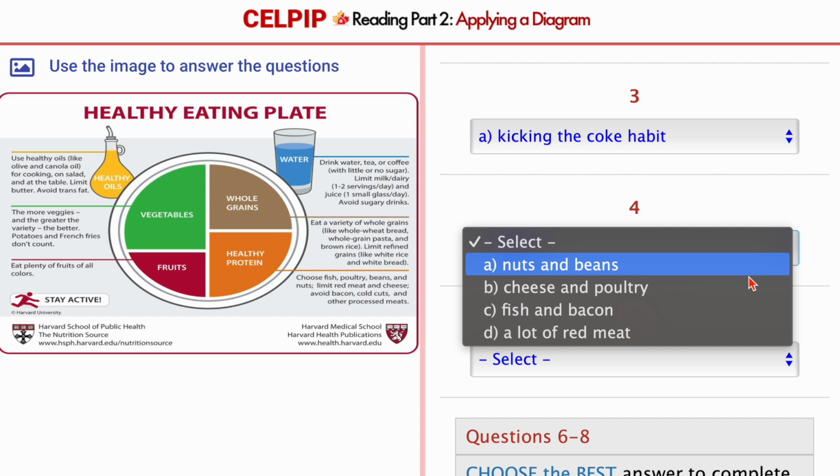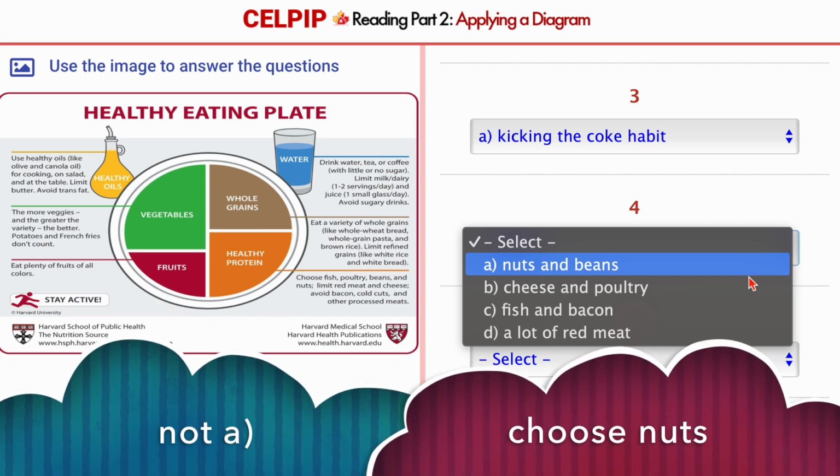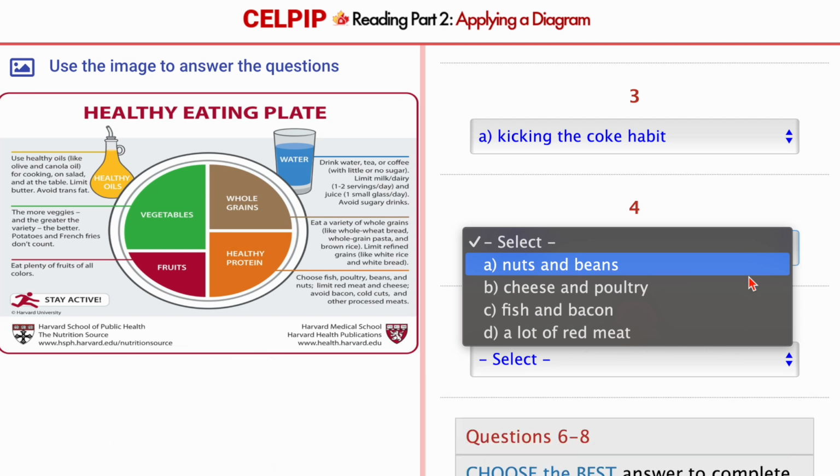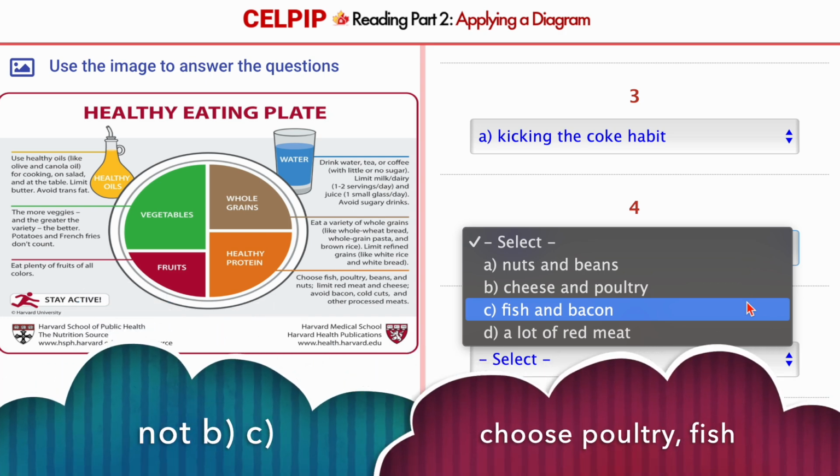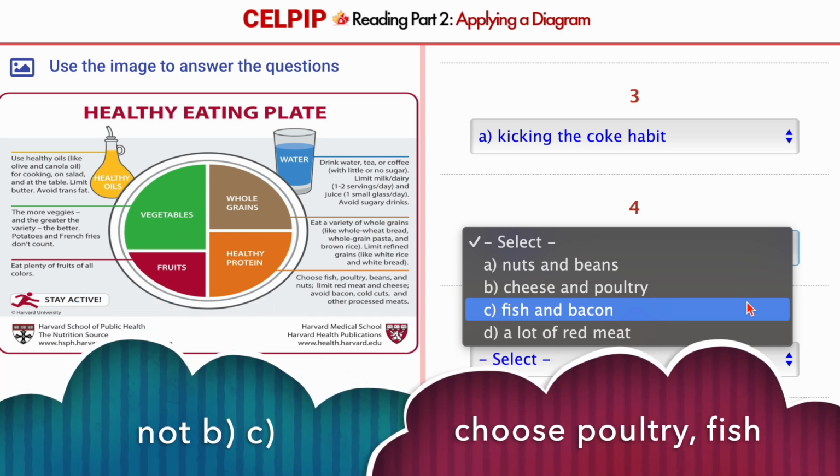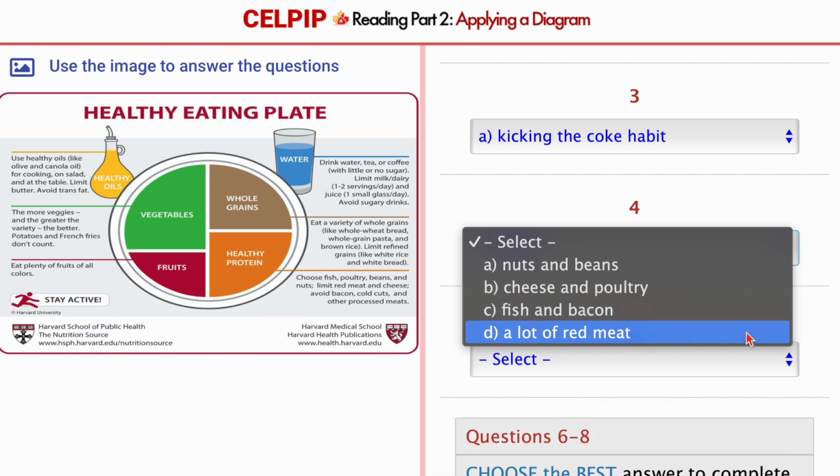Because it says here, choose beans and nuts, so eat more. Also, it's not B, because it says choose more fish and poultry. And the same reason it's not C, because fish. So the right answer is D.